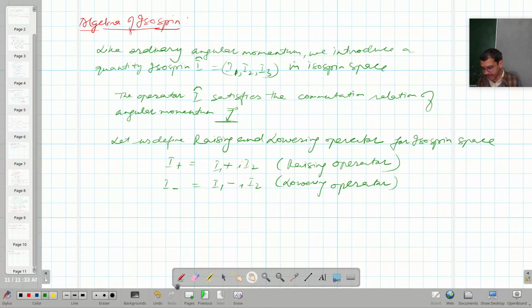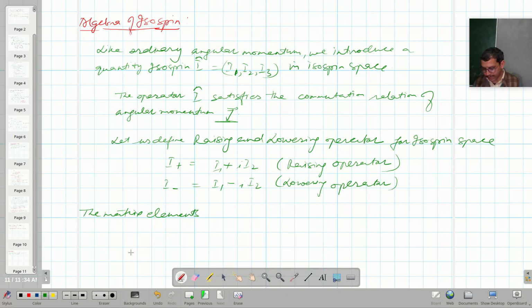All these operators regarding angular momenta I talked about in the lectures of quantum mechanics, so you should go through that.